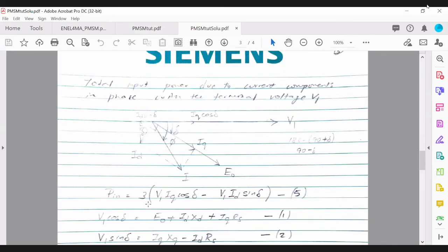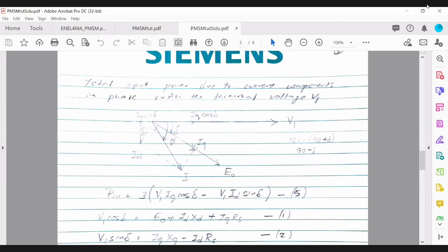And when you write the full equation for the input power for the motor, basically, we take the component that's basically parallel to the terminal voltage. So that will be basically IQ cos delta, right?